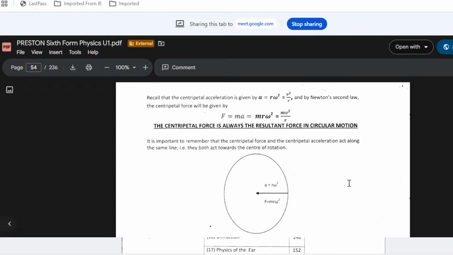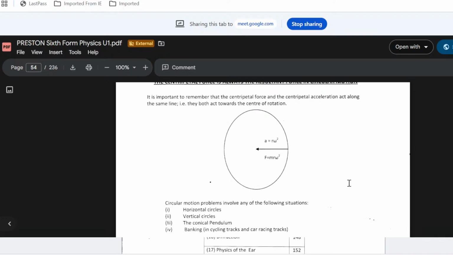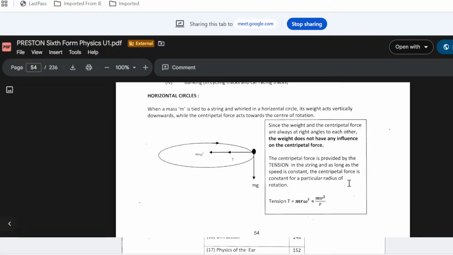What happens when you have a vertical versus a horizontal circle? You have questions like a car going around a bend or an aircraft. All of these you can apply circular motion principles to.